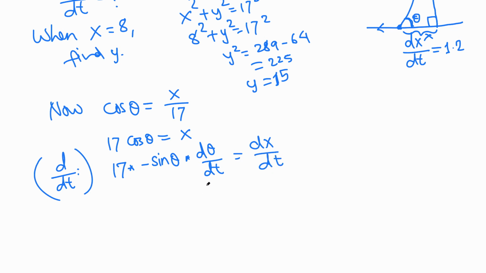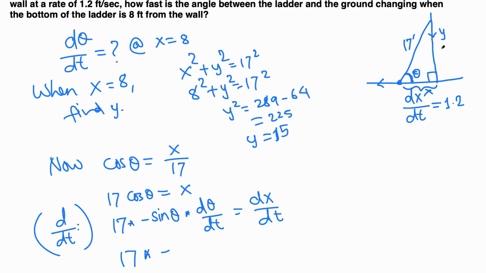Now let's plug in the given numbers or rates and then find the remaining one. So 17 times negative sine theta. Good thing we already found y, and from this we can find sine theta.